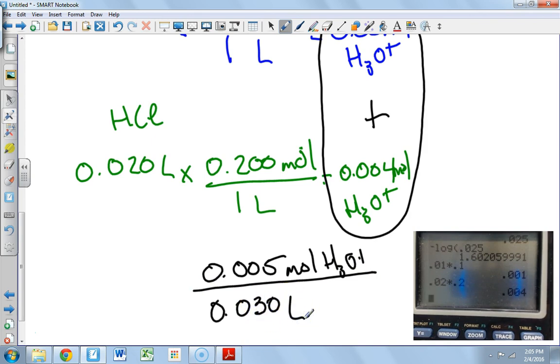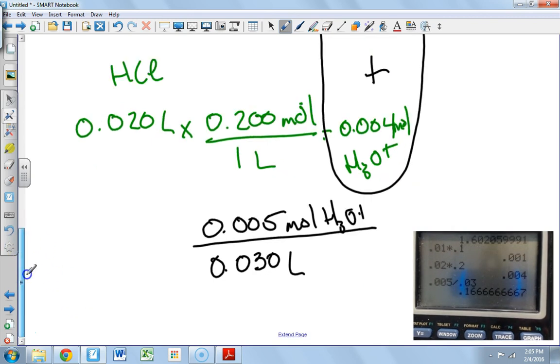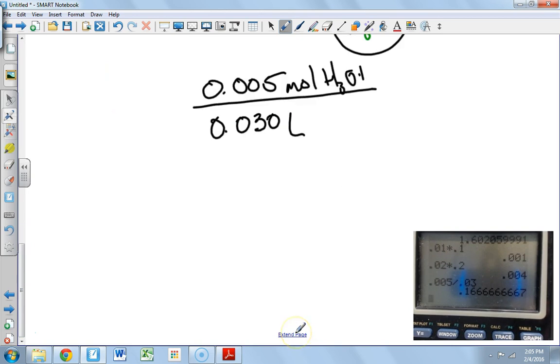So it's 0.005 divided by 0.03. And so the concentration of H3O plus is going to be 0.166 repeating.